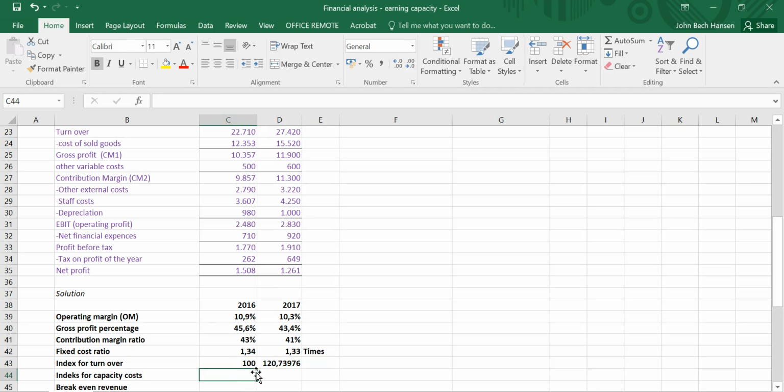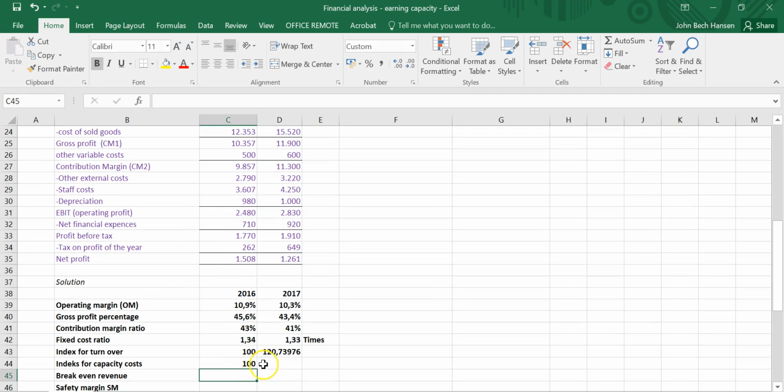The same thing for capacity cost. So I will say capacity cost multiplied by 100, and divided by capacity cost again in the basis year. And this will be 100. And the same thing I'll do over here.